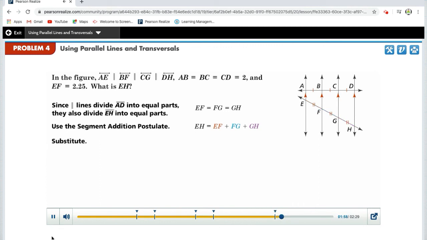Since all 3 segments are equal, substitute the length of segment EF for the length of each segment. Substitute 2 and 25/100ths for the length of segment EF. Simplify. So the total length of segment EH is 6 and 75/100ths.